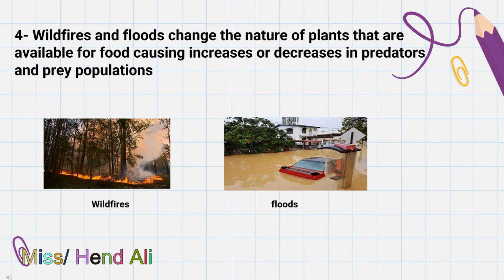4. Wildfires and floods change the nature of plants that are available for food, causing increases and decreases in predator and prey populations. And population means the amount of individuals.